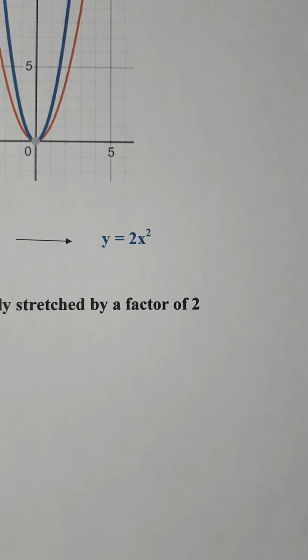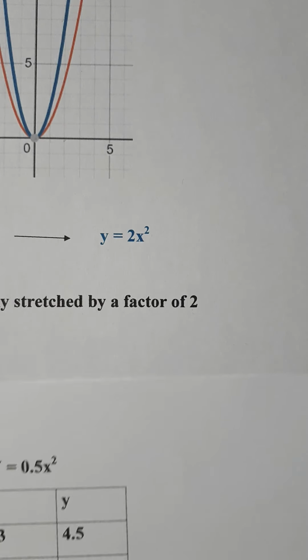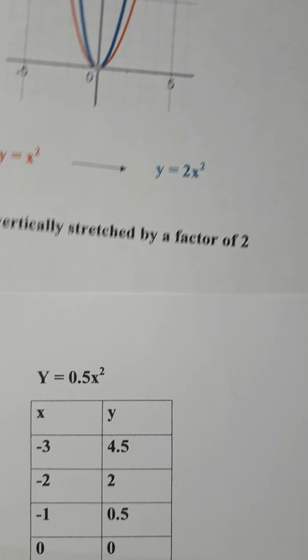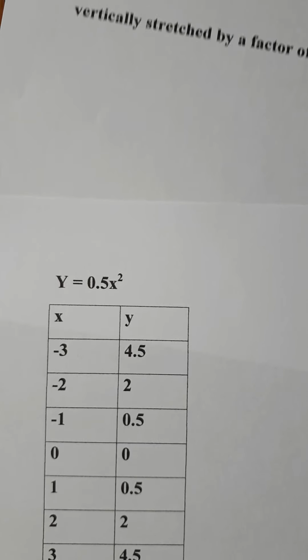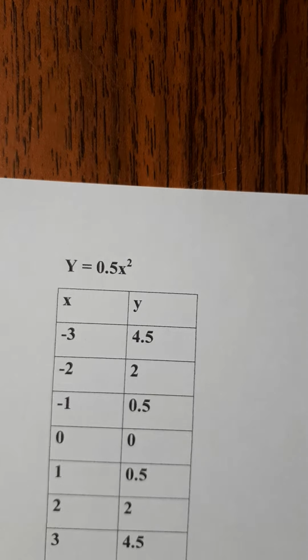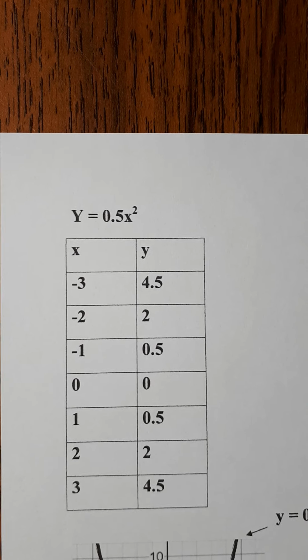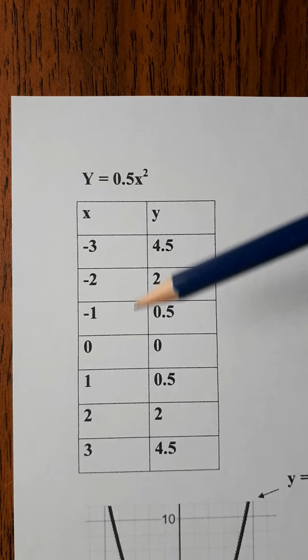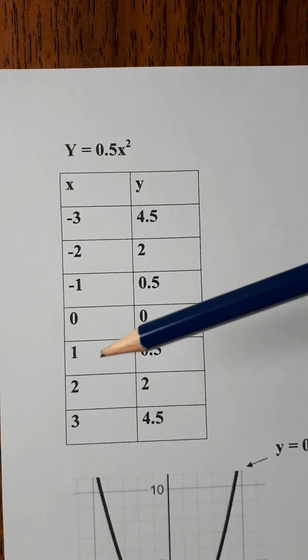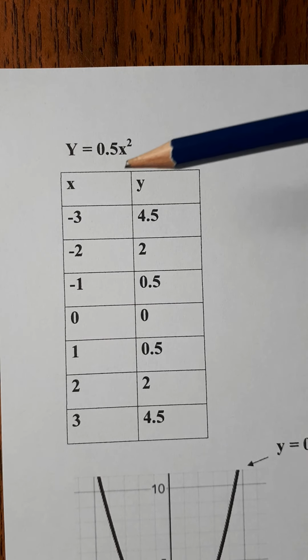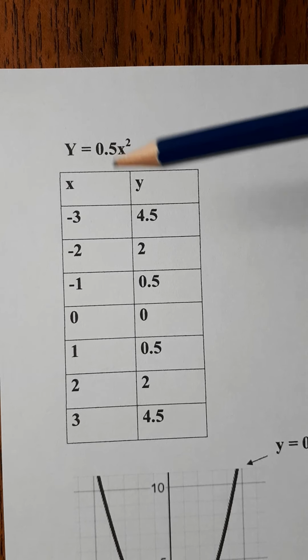Now see what will happen when we have y equals 0.5x squared. So again let's look at some of the points. Let's pick up 1. When x is 1, 1 times 1 is 1, 1 times 0.5 is 0.5.